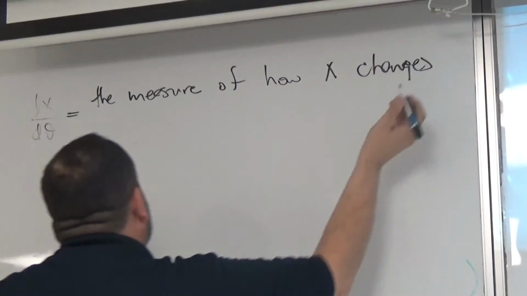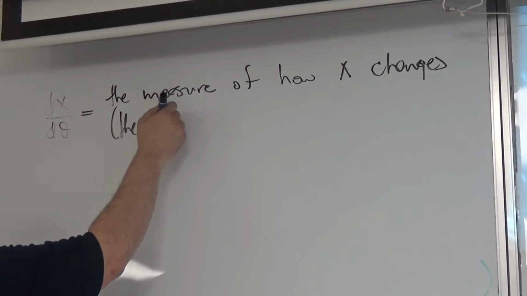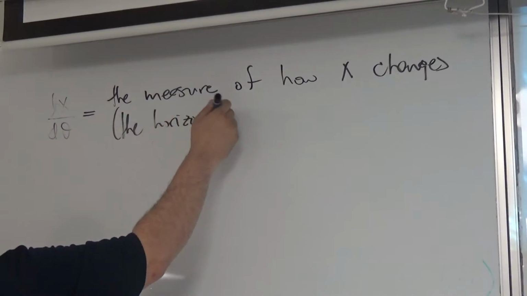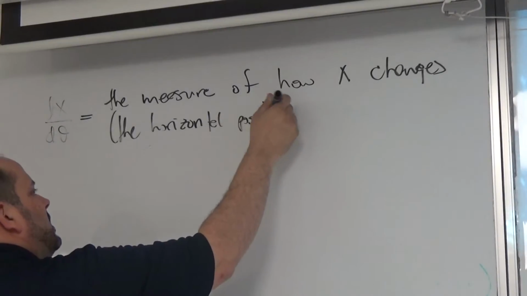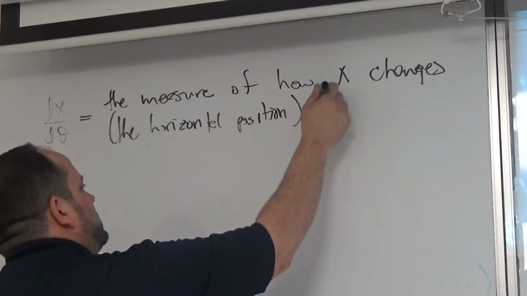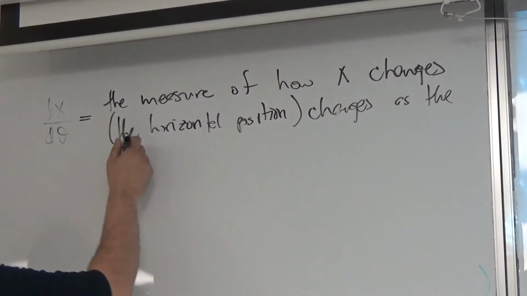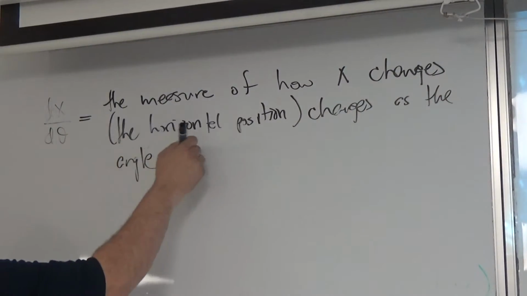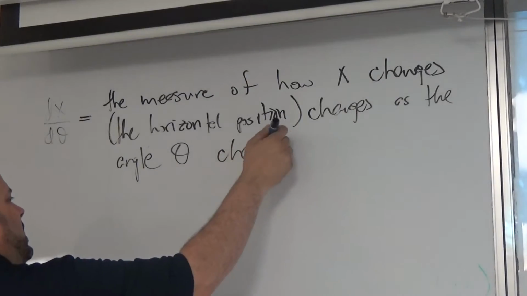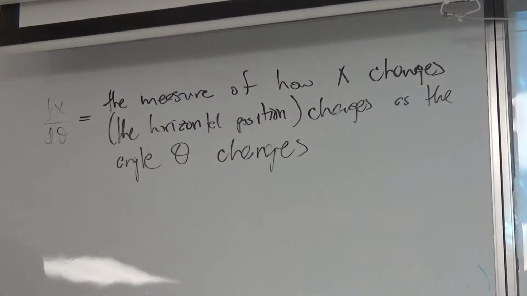I'm going to put the horizontal position changes as the angle theta changes, right? That's what dx d theta is. How is x changing with respect to theta? That's one of the 4 derivatives.